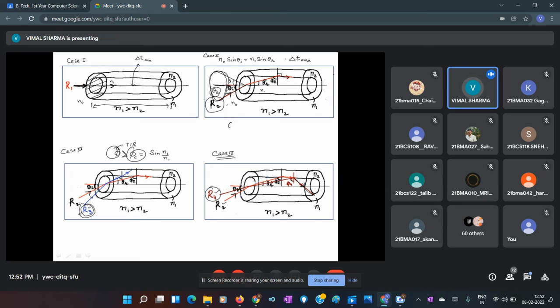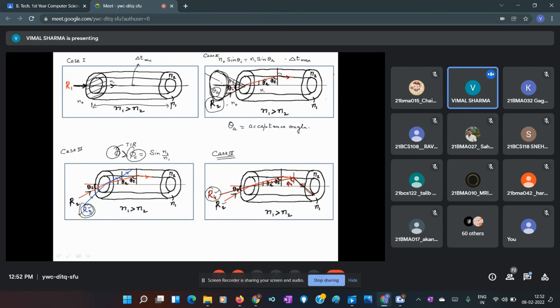So we have defined this theta A, the acceptance angle, and we have also defined the acceptance cone. This is the acceptance cone.